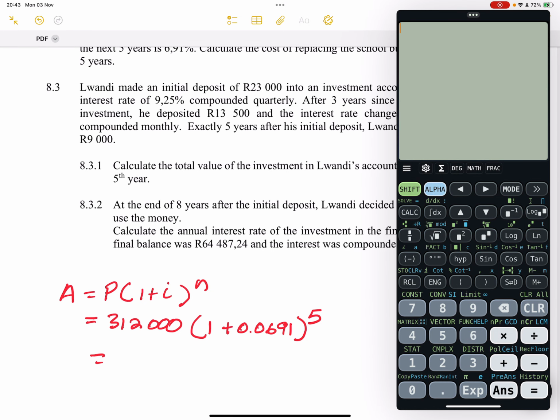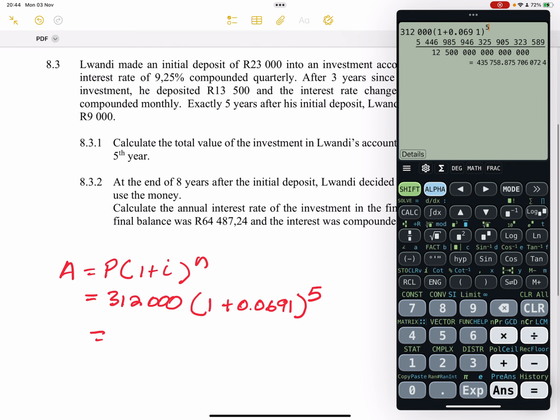So that's 312,000. And please try to do this with me so that you get used to working with your calculator. Right, and this is raised to the exponent of 5.